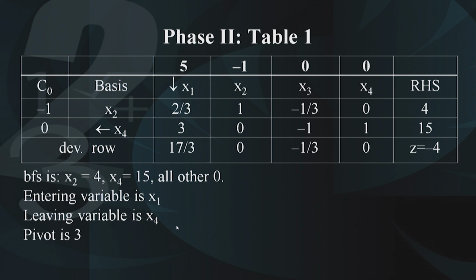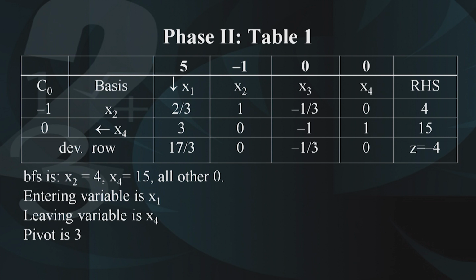Yes, the pivot is 3, this entry is the pivot, and we need to apply the elementary row operations in such a way that this column becomes (0, 1). So, what are the two elementary row operations that we should use? First of all, we will make this entry 3 as 1, and this can be done by dividing the entire row by 3.